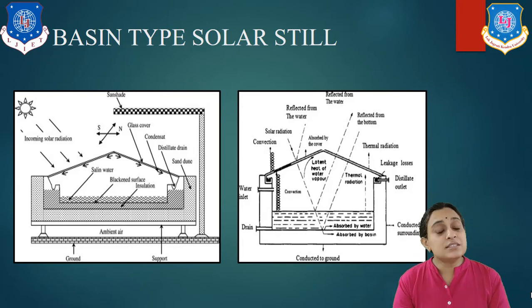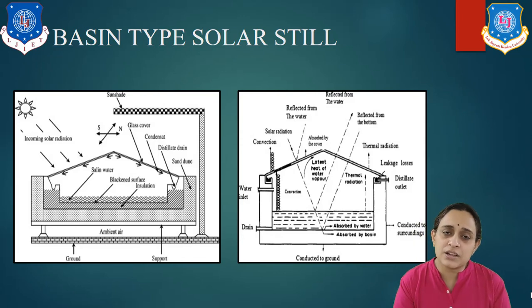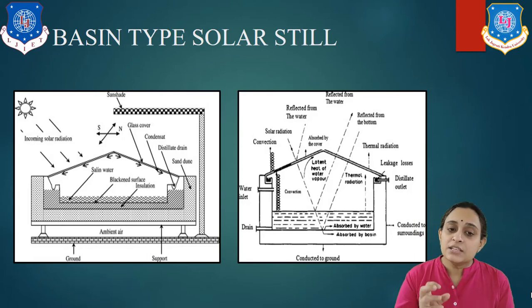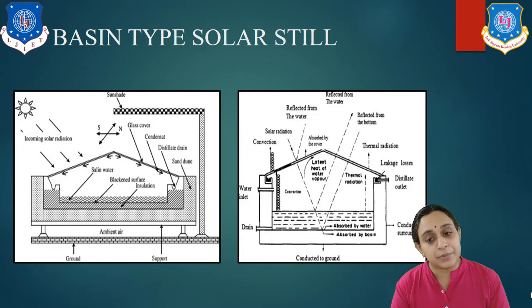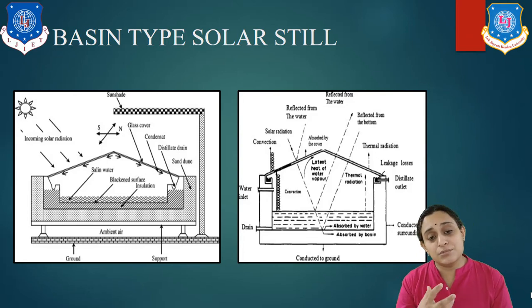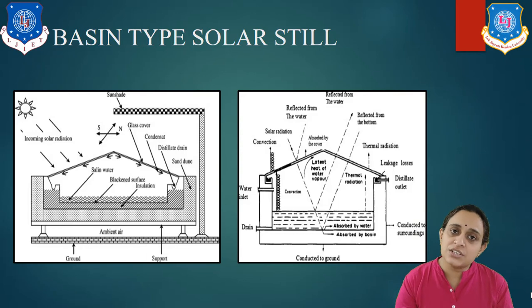Now, where are we using the distilled water? Obviously, in hospitals and many pharmaceutical industries and automotive batteries. Larger capacity solar stills are made for distillation plants to supply sweet water for drinking purposes. In Australia and Greece, solar stills of more than 100 square meter area are constructed to supply drinking water to the general public.